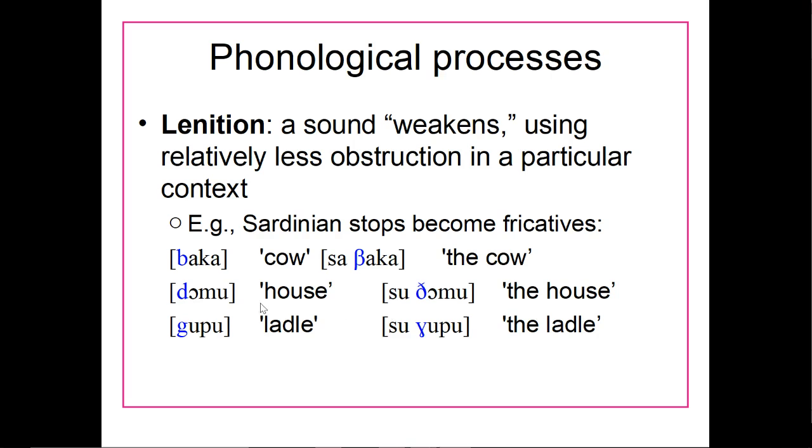So when in Sardinian a stop is preceded by the word for "the," it becomes a fricative. And this is again for perceptual reasons and reasons of pronunciation, it can make these words easier to say by changing the stop to a fricative when there's something just before it.